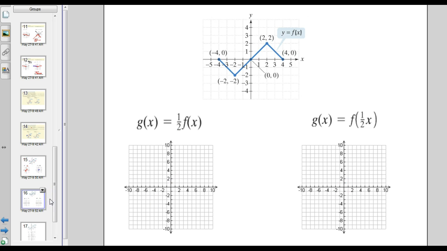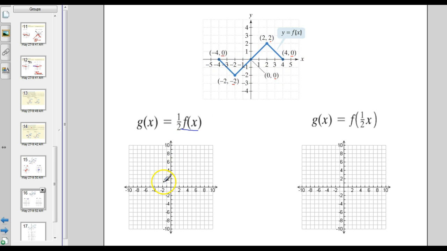Alright, what about the same graph? What about now 1/2 f of x? Okay, again, that takes place after x is acting on f. So this is a y-coordinate, so half the y-coordinates. So take the y-coordinates and cut them in half. So now we're doing the y's again, 0, negative 2, 0, 2, 0.